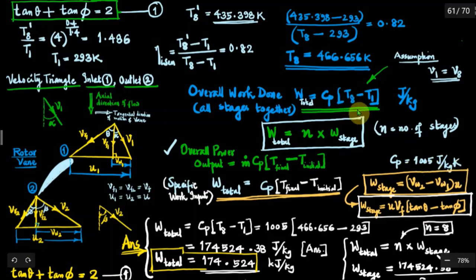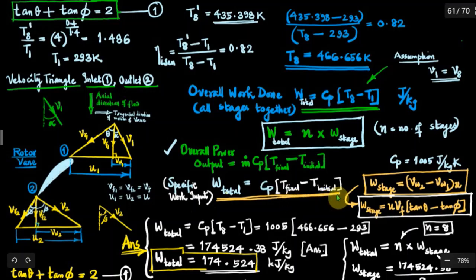Then T8, the final temperature we found out, is 466.656 Kelvin. T1, the inlet temperature, is equal to 293 Kelvin. So you can find out W total. That is the first part of the answer. So what is the specific work input? W total is equal to Cp into T final minus T initial.